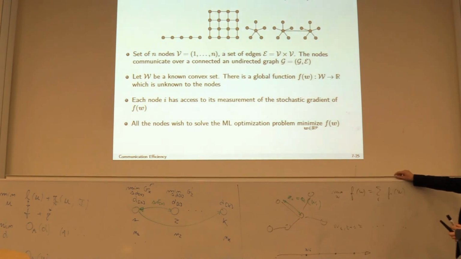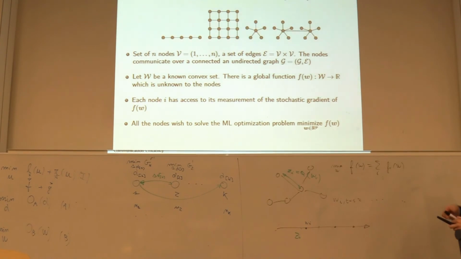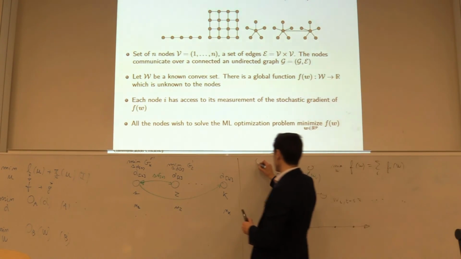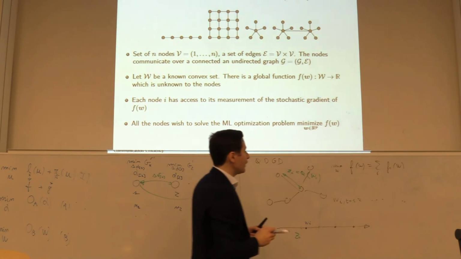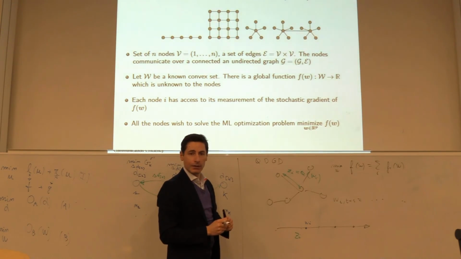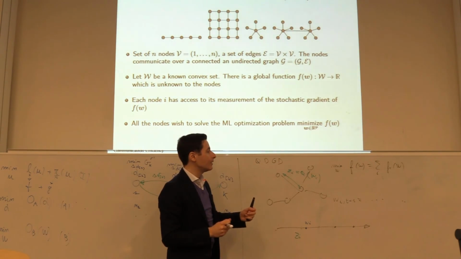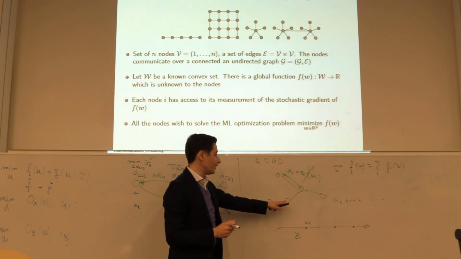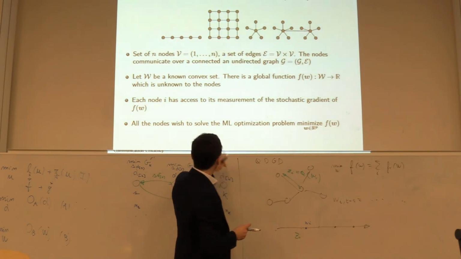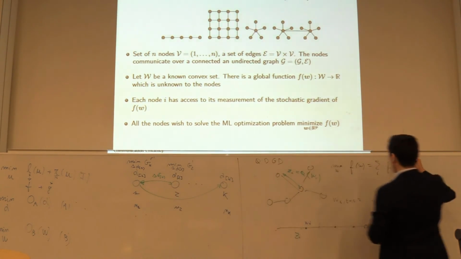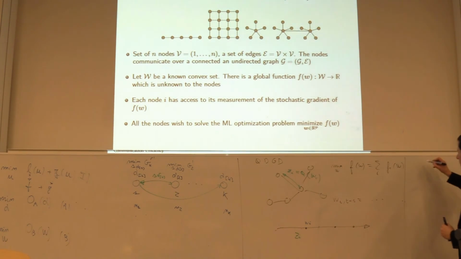In the previous case, the quantized distributed gradient descent, the nodes owned a function f_i, and they were doing local iterations to arrive at the global solution. In this third case that I'm introducing now, the parallel quantized stochastic gradient descent, it's an even simpler case.